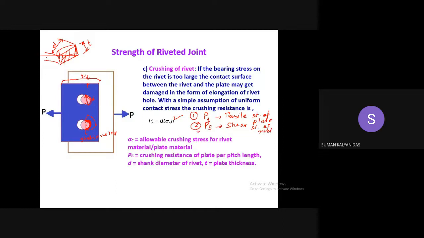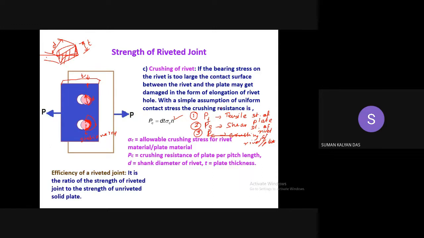And the third one is this one, PC, crushing of rivet or plate, whatever, okay, slash plate. So these three are the principal modes of failure of a riveted joint.